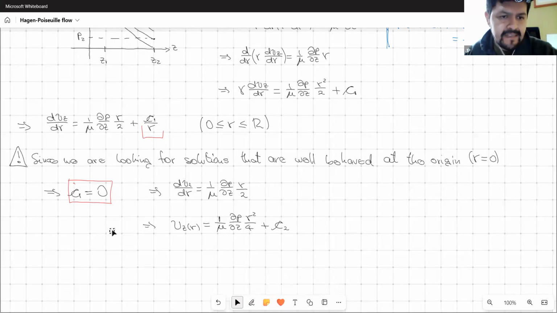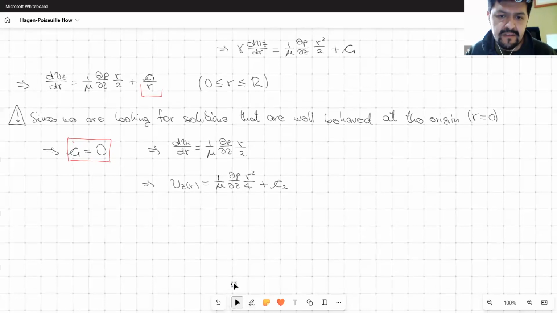And the final step, because we again have an integration constant, is precisely the no-slip condition, right? We say that the velocity evaluated at the outer radius, the radius of the pipe, must be 0. Again, this is the no-slip condition.